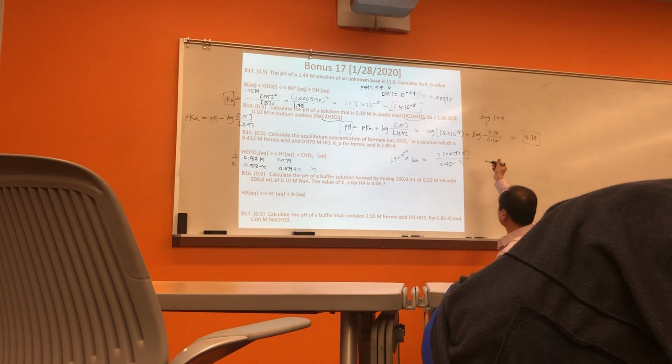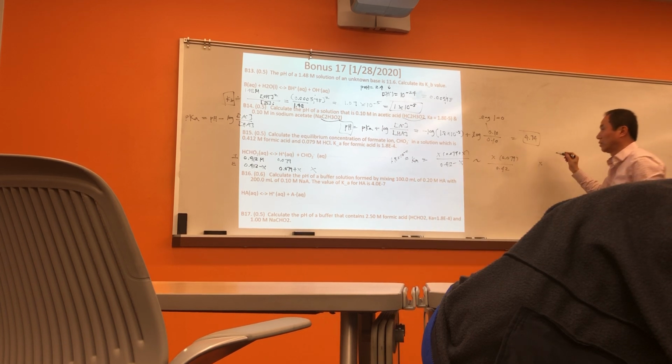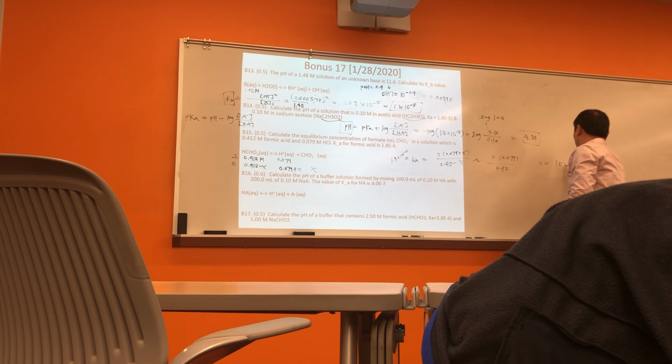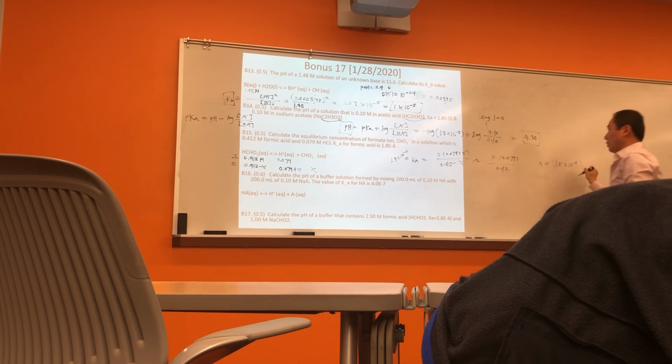But you can approximate that x is negligible. So finding x will be calculation: 1.8 times 10 to the minus 4 multiplied by 0.2, divided by 0.079. That will be our x.